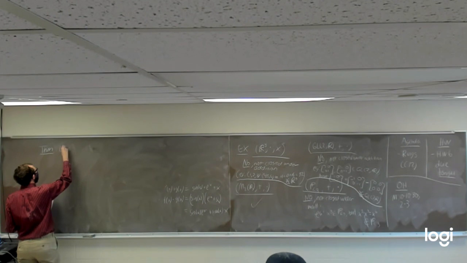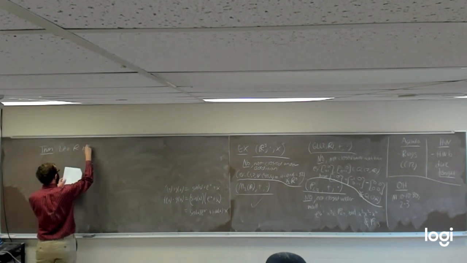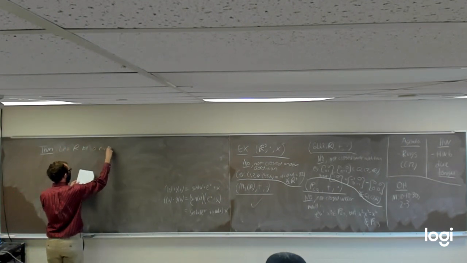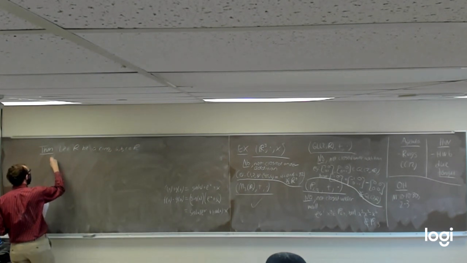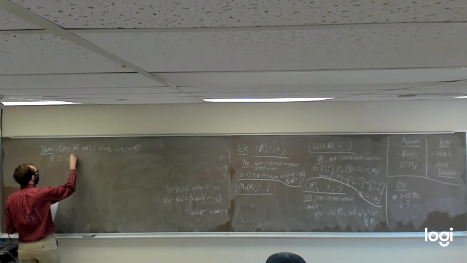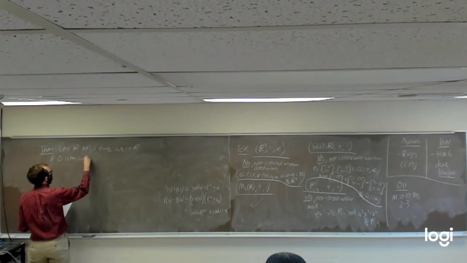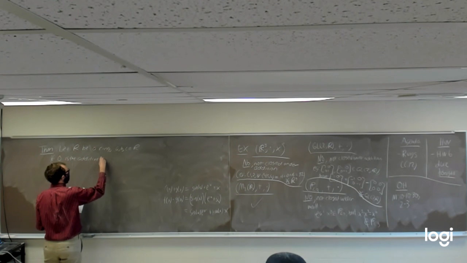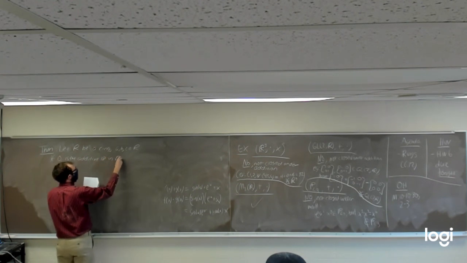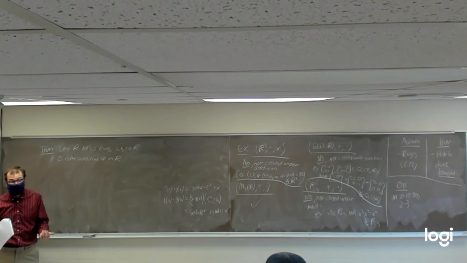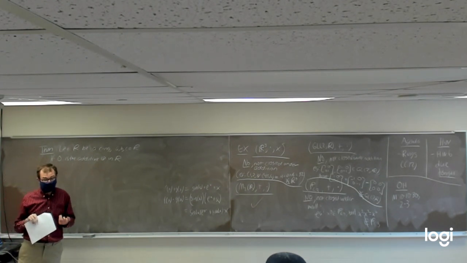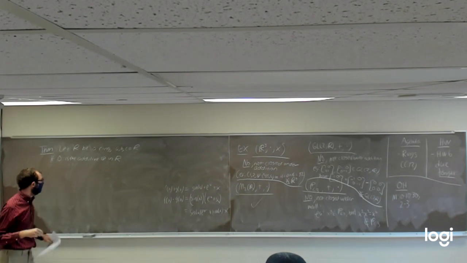We're going to let R be a ring, and we're going to let A, B, and C be elements in the ring. Now, if 0 is the additive identity in the ring, because any ring forms a group under addition, so it has to have an additive identity, in other words, an identity element in the group under addition.